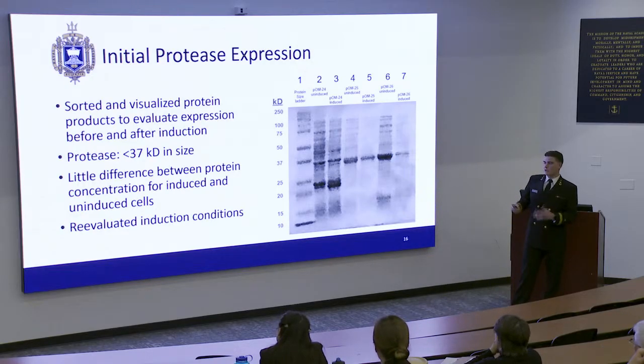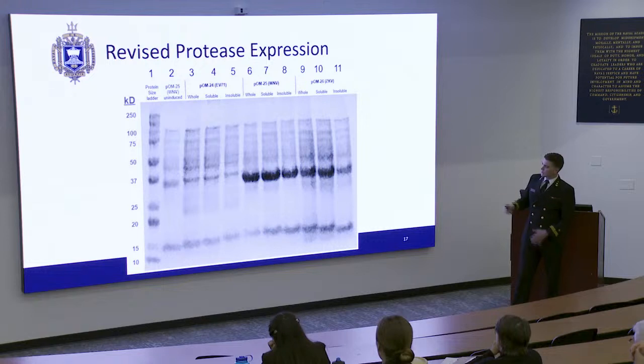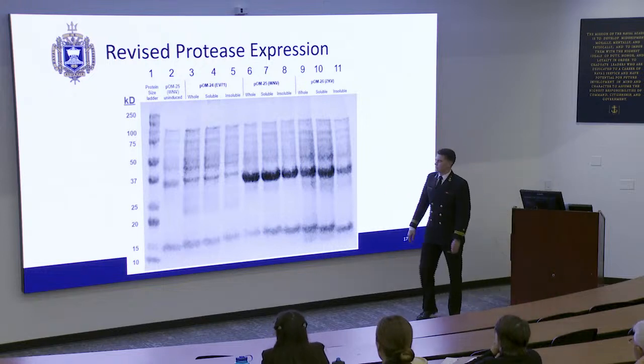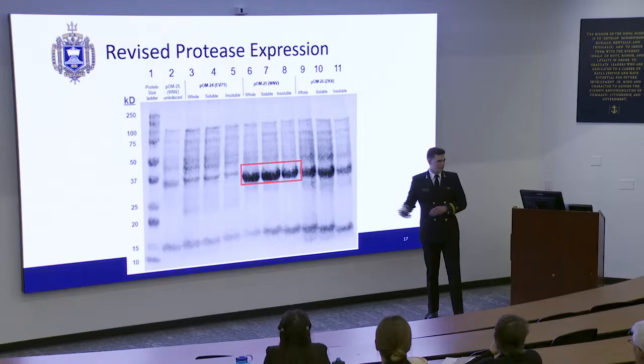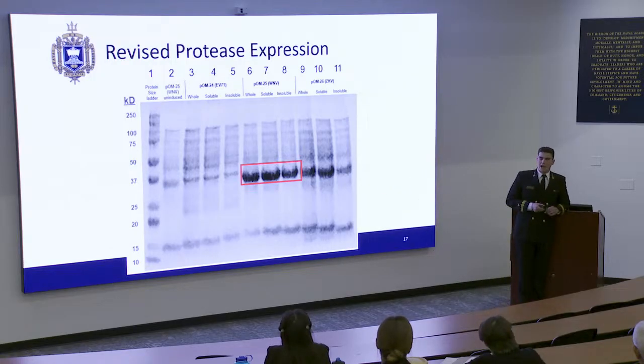And so we reevaluated our induction conditions. We increased the concentration of the reagent we used to induce expression. We changed the amount of time and temperature at which the cells were allowed to express the protein. And then we saw a significant change in the expression. But most significantly, we saw that the viral protease for West Nile virus, coming from the plasmid DNA 25, was the most concentrated.